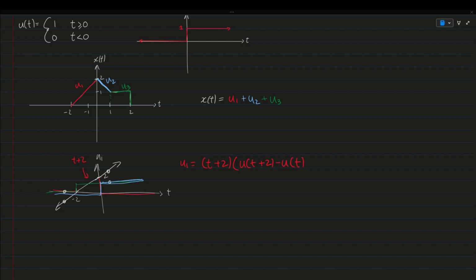Alright, so you could see that this green function, which is the multiplication by 1, is only going to exist from negative 2 to 0, because before it would keep on going this way, but because we're subtracting by u of t, then the unit function ends at 0.